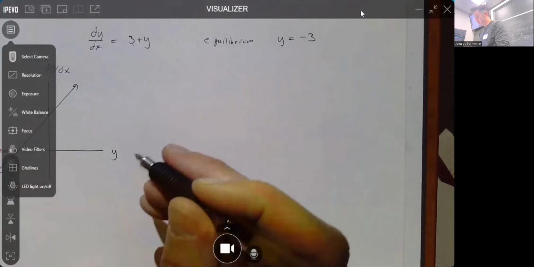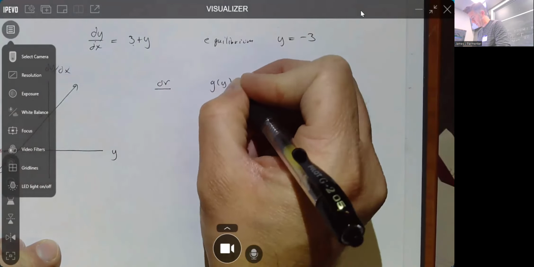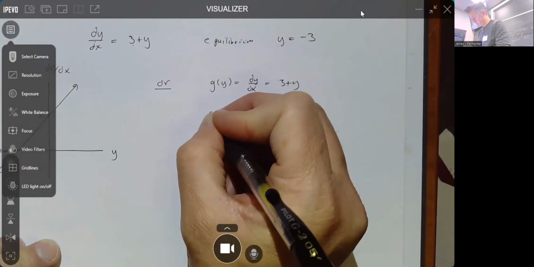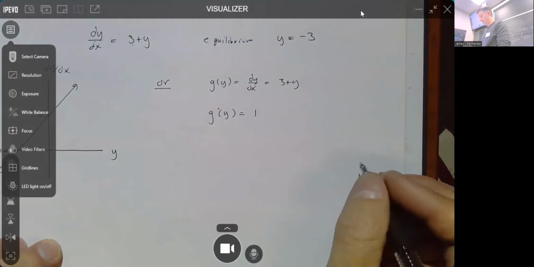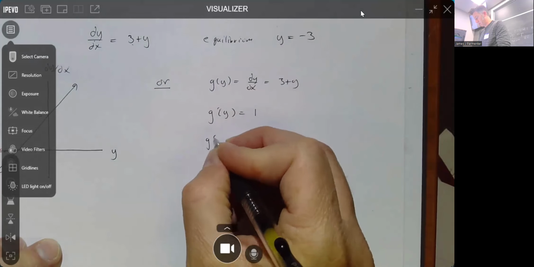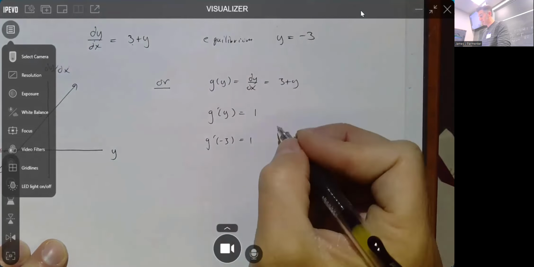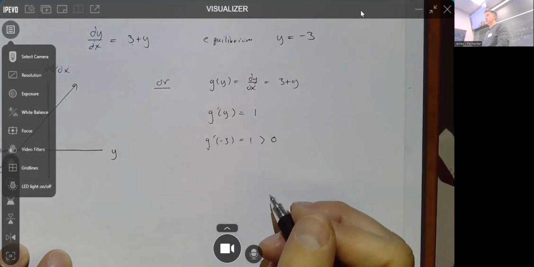Or you could say g of y is equal to dy/dx is equal to 3 plus y, and g prime of y is equal to 1. And then if you plug in your equilibrium point, it doesn't actually change anything. But since the derivative is positive, that means we have an unstable equilibrium.